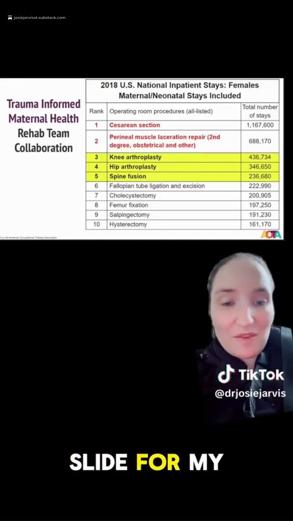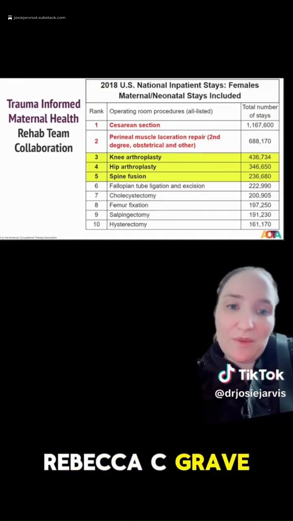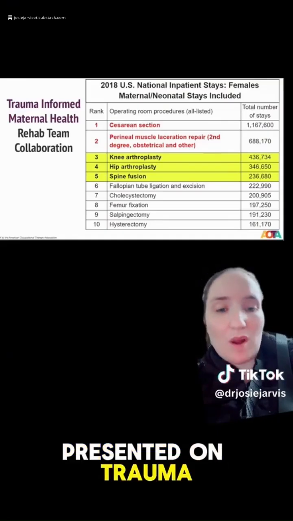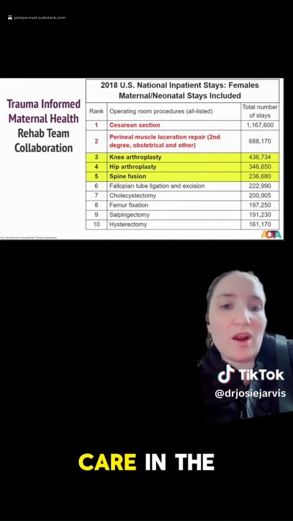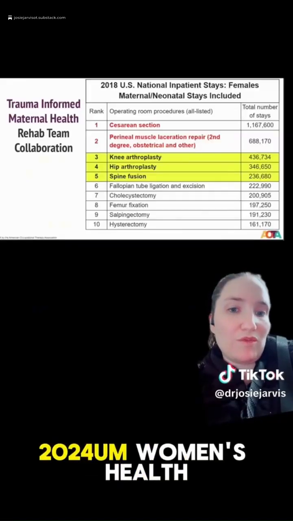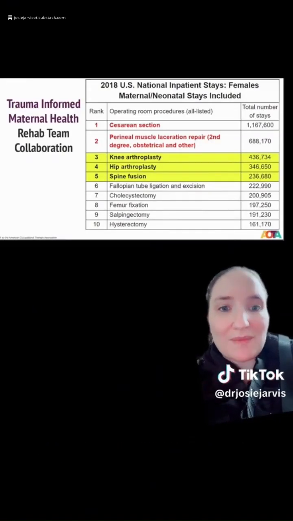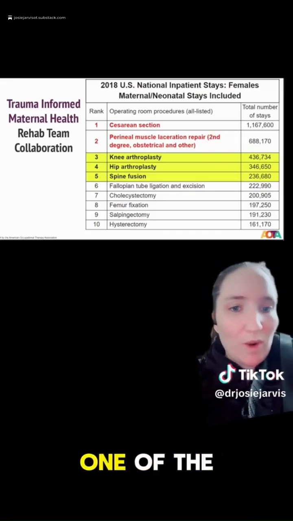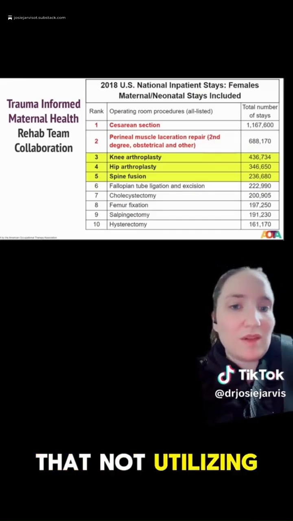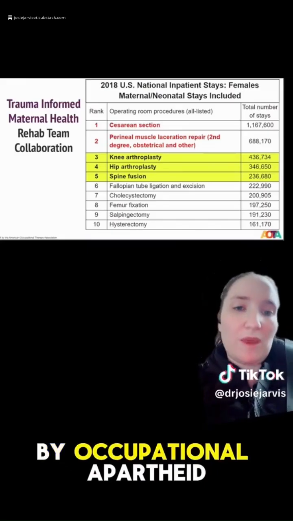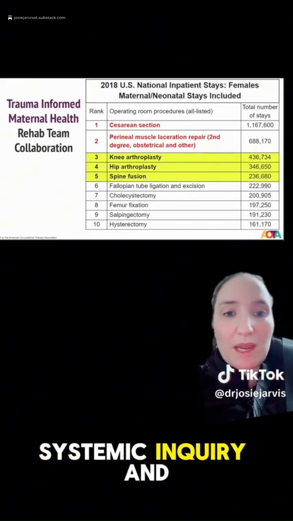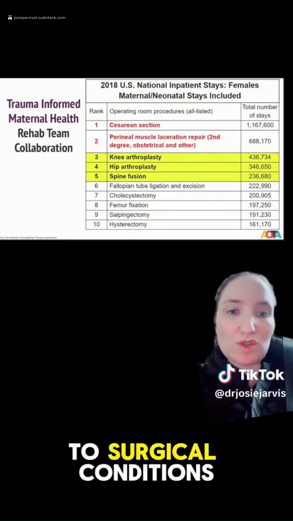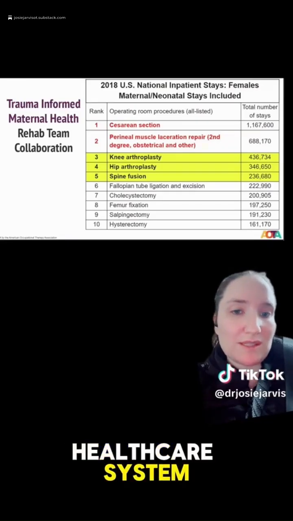This is a slide from my research partner, Rebecca Seagrave, where we co-presented on trauma-informed maternal health care in rehabilitation settings such as acute care at the 2024 Women's Health Conference. Now, here you can see one of the deficits: not utilizing a lens informed by occupational apartheid has compromised our systemic inquiry and bias as it relates to surgical conditions in the United States healthcare system.